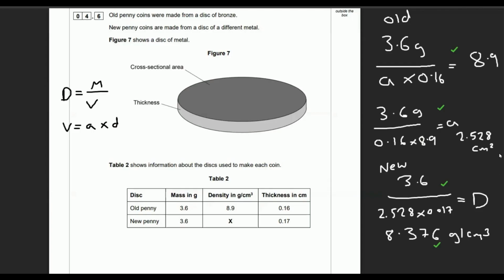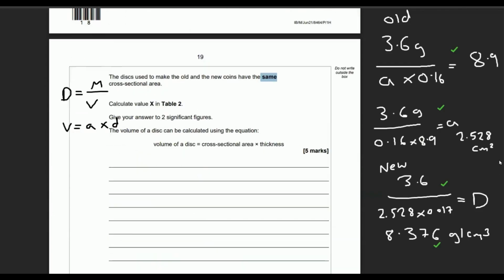Let's go and double check that. Was it 2 sig? Yeah, they want our density to two significant figures. So what I want to do here is say, well, 7 is bigger than 5. So I'm going to take this to 8.4 grams per centimeter cubed.